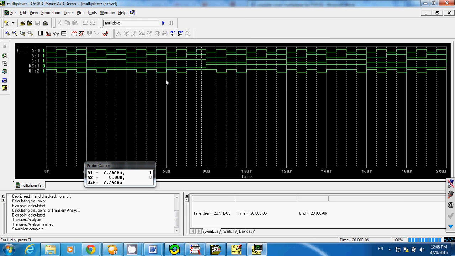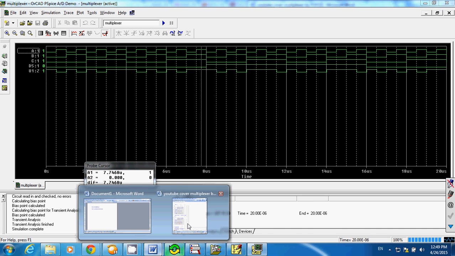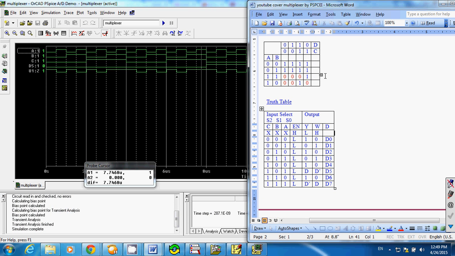So it's good for you to verify your design by PSPICE. It gives you a beautiful output waveform that corresponds to whatever you designed, corresponding to the truth table.